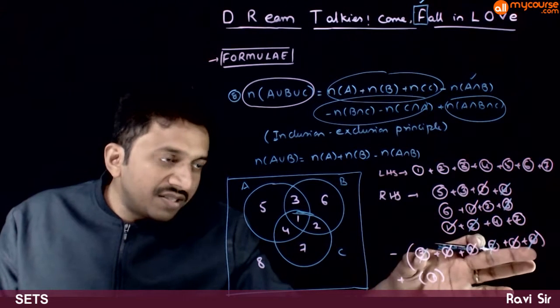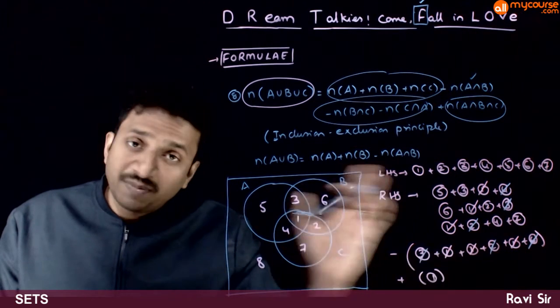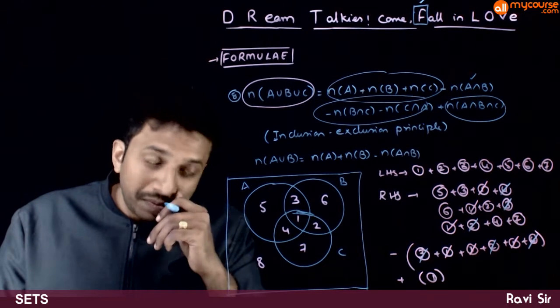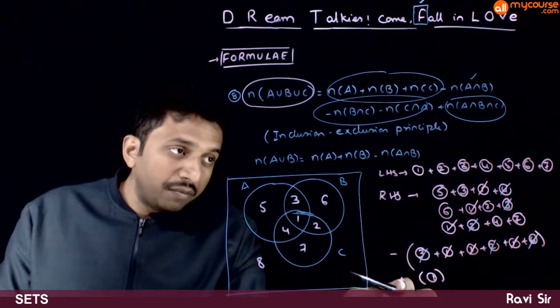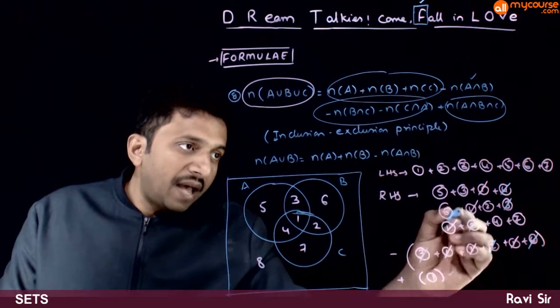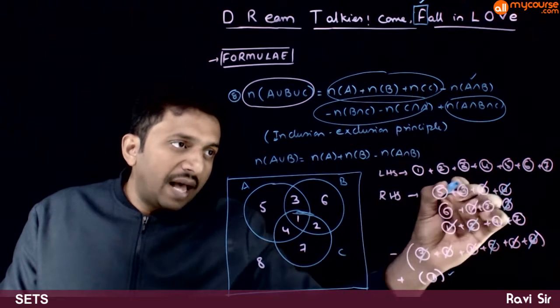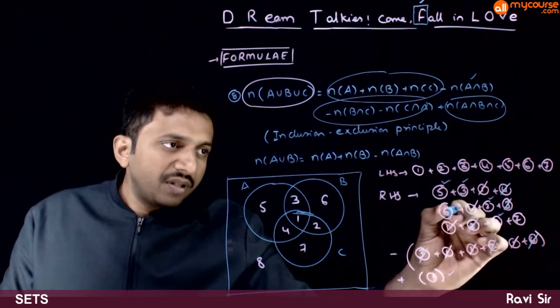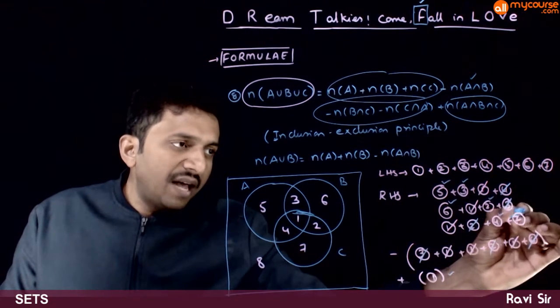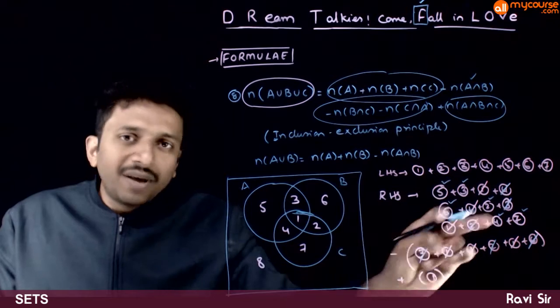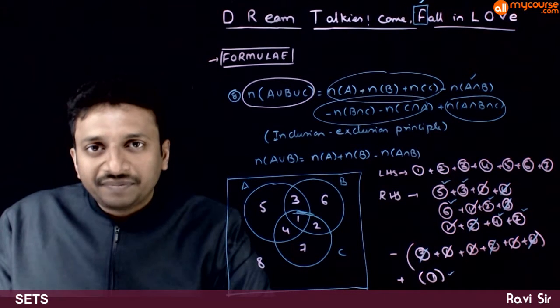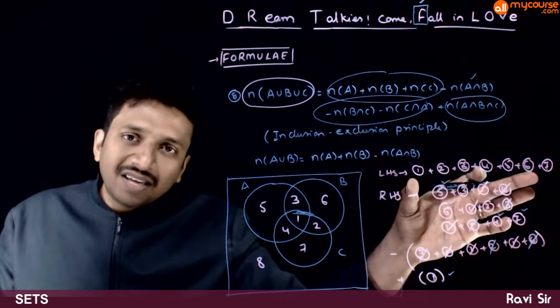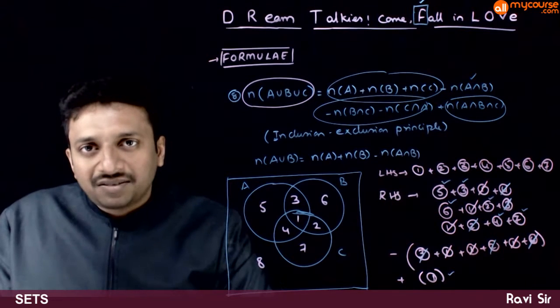So all the elements with the negative sign have been cancelled. What is left? You have a 1, a 2, a 3, a 4, a 5, a 6, and a 7. All the remaining things have been cancelled out. That means LHS is exactly the same as RHS.